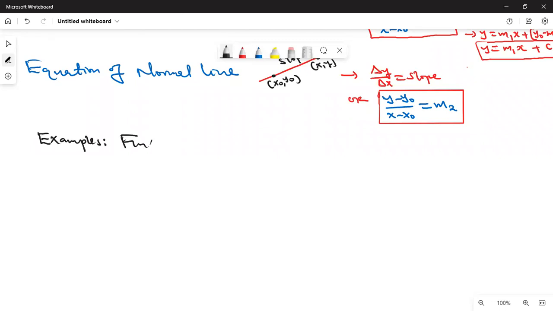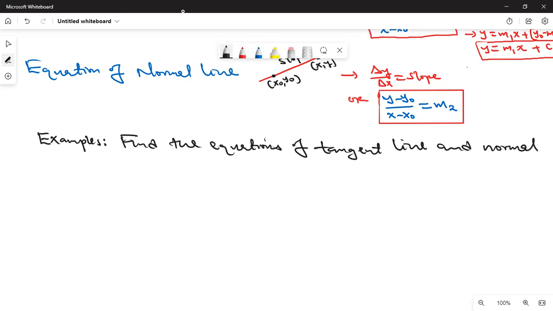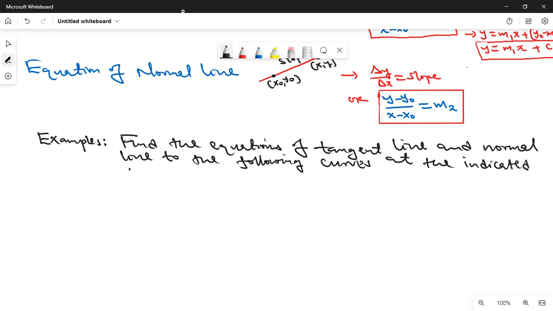It is: find the equations of tangent line and normal line to the following curves at the indicated points on the curve.